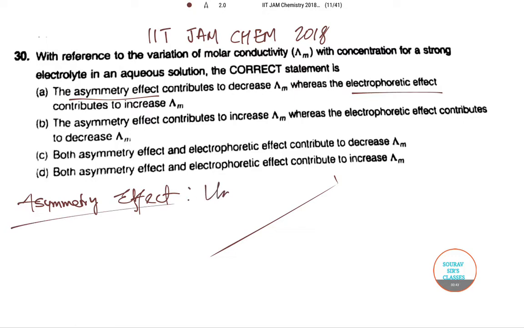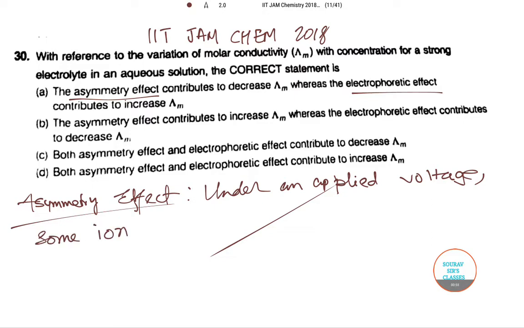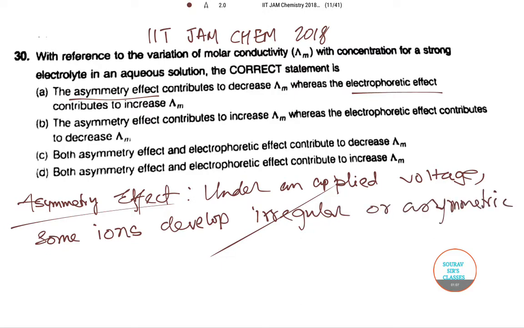Under an applied voltage, some ions develop irregular or asymmetric distribution of ion cloud around them.